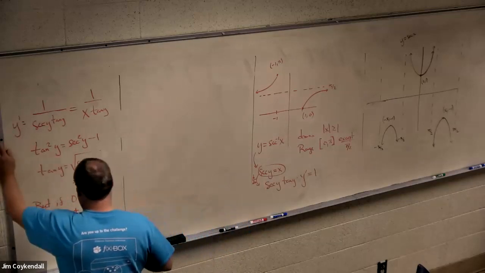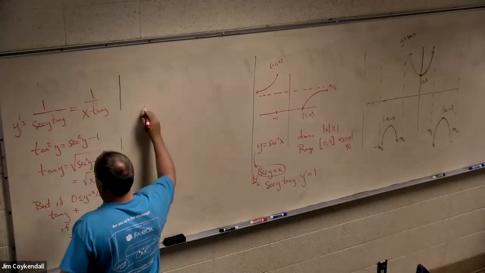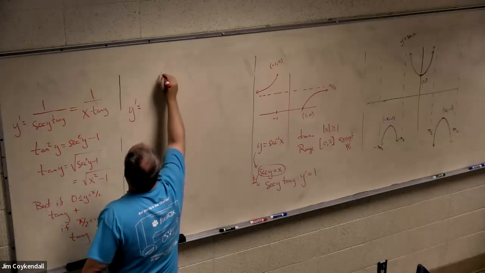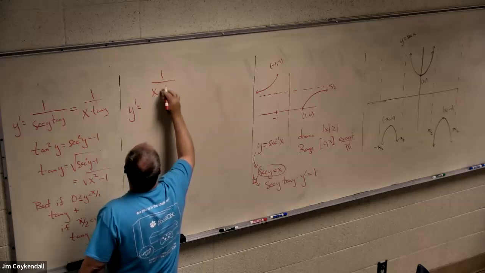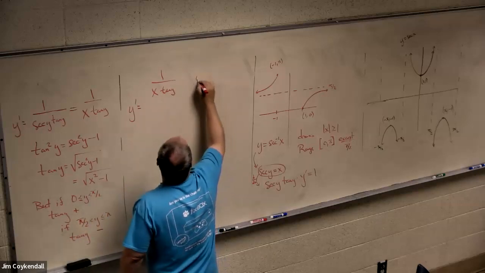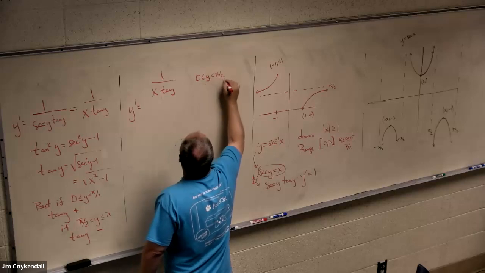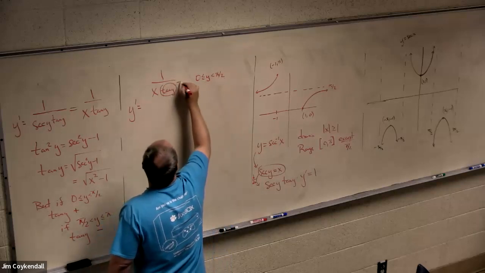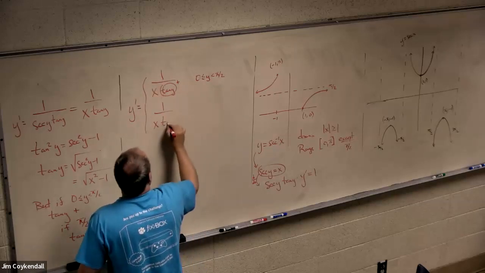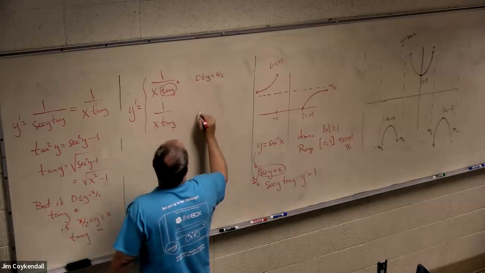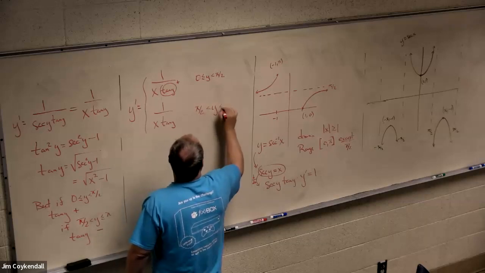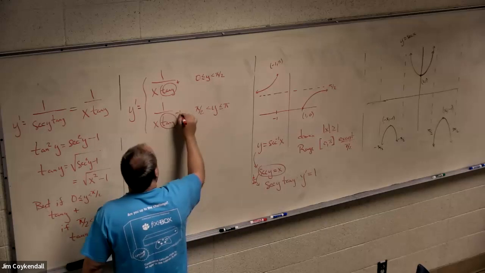Well, this is 1 over x times tangent y, and this bit is positive. And 1 over x tangent y if y is in this other range, and this time it's negative.